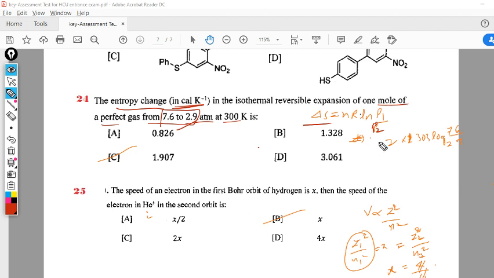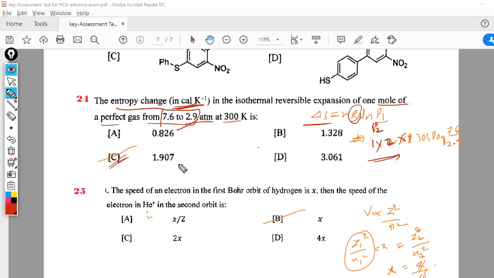So n is 1 mole. So 1 into R, as he asked for calories, it is 2 calories. And I directly converted ln into log, which is 2.303 log 7.65 by 2.9. If you just calculate it, the answer will come 1.907.